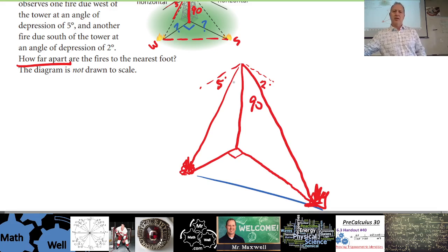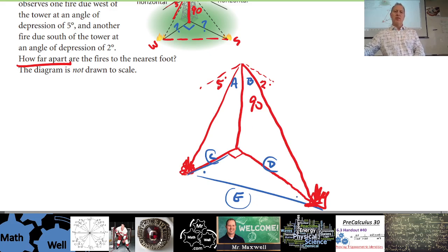Okay, so here's A, B, here's C length, here's D length, here's E. I want to find E. What should I try and find if I can? C and D. If I found C and D, I could use Pythagoras' theorem because it's a right triangle, right?